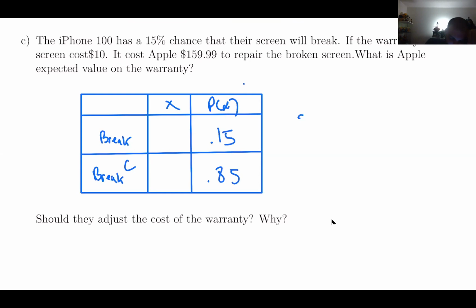Cool. All right, so for this one, whose point of view are we doing this for? Are we doing it from the point of view of the consumer buying the insurance, or are we doing this for Apple? So we're doing this for Apple.